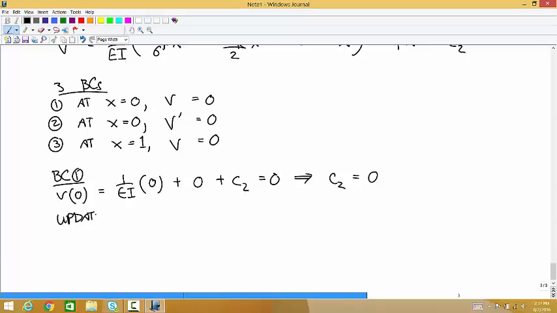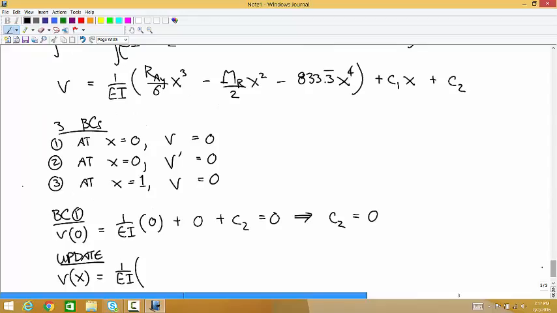And now we can update. So the deflection function is equal to 1 over EI times the quantity R-A-Y over 6 x cubed minus M-R over 2 x squared minus 833.3 repeating x to the fourth, close parentheses, plus C1x.